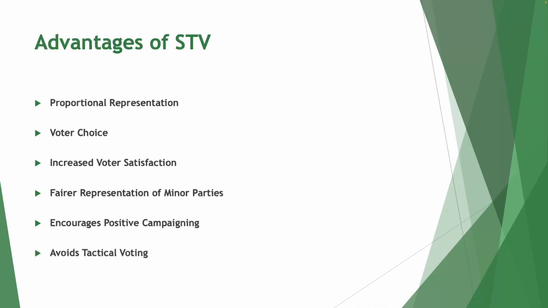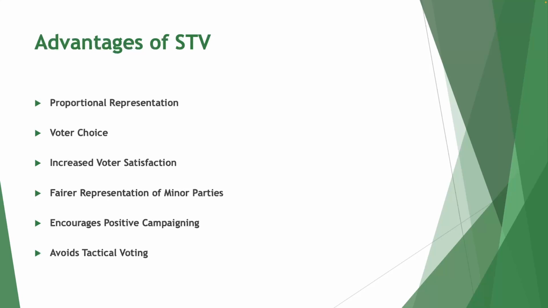And then finally, from the voter perspective, this system can avoid and potentially even eliminate tactical voting entirely. Because voters can express their preferences for multiple candidates, they are less in need of tactical voting.